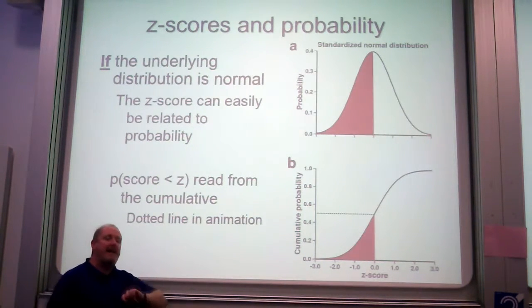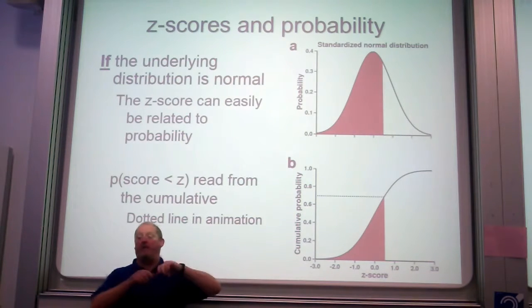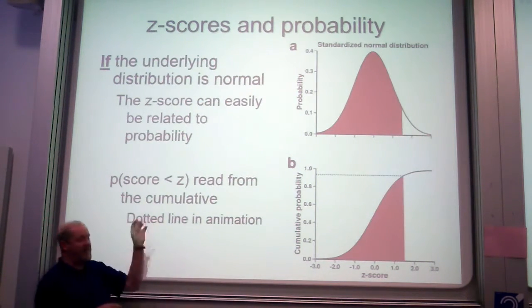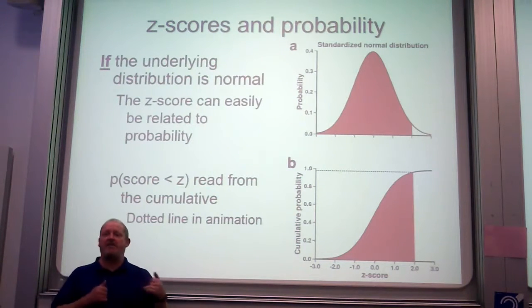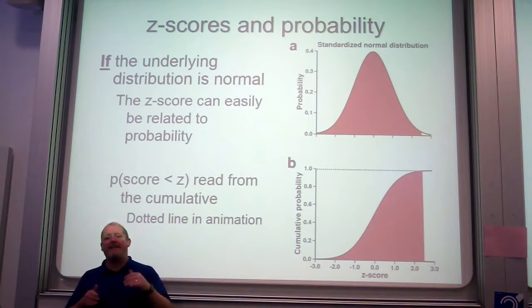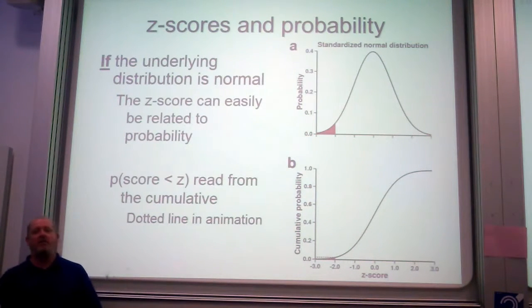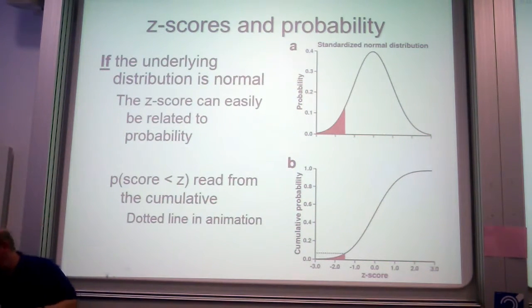Okay, so now we can take any normal distribution, so any process, any value. If we can transform it into the z-score, so we know the mean, we know the standard deviation, we can now get the probability of getting that statistic, that z-score, or more.